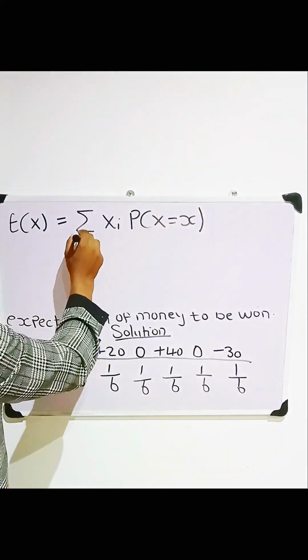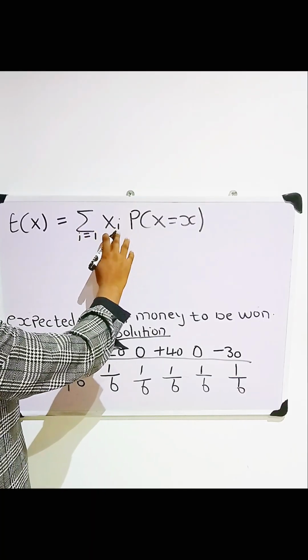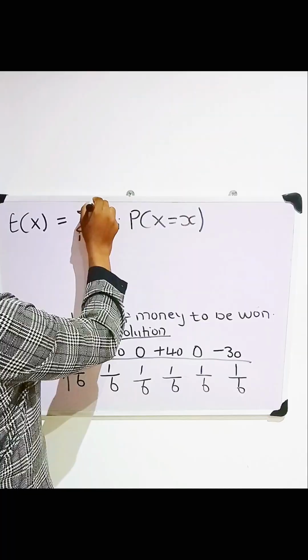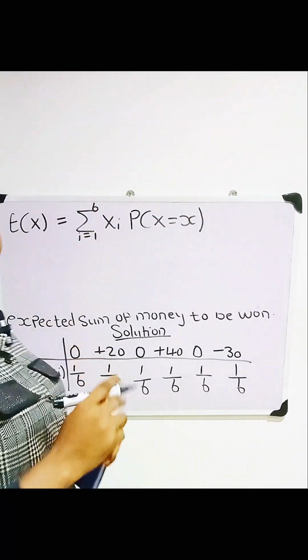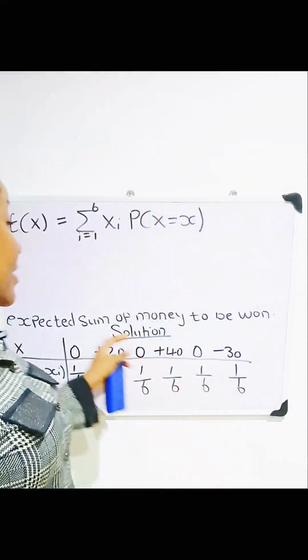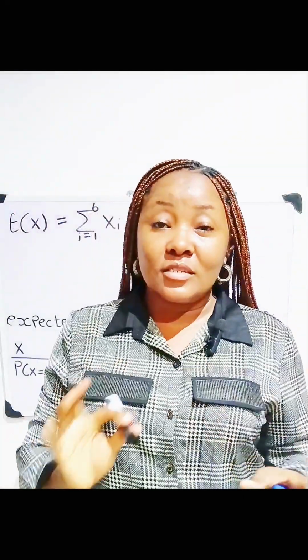So at this point we are taking the sum over the possible values of the random variable, ranging from 1 to 6. This is a discrete definition, because the values of the random variable are countable. They are not continuous, they are not in an interval.